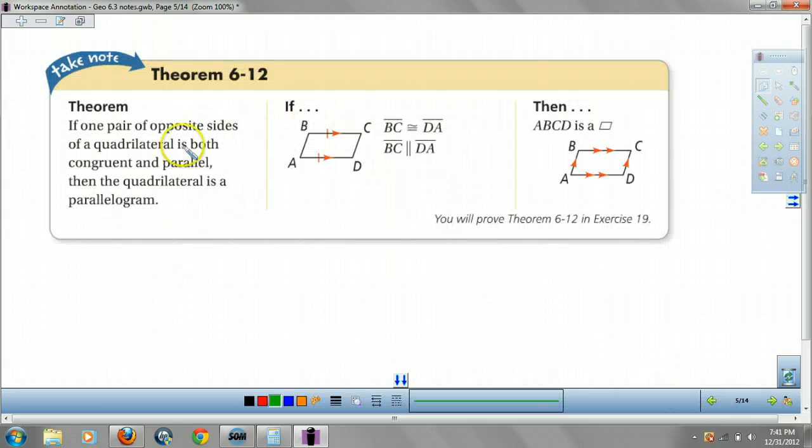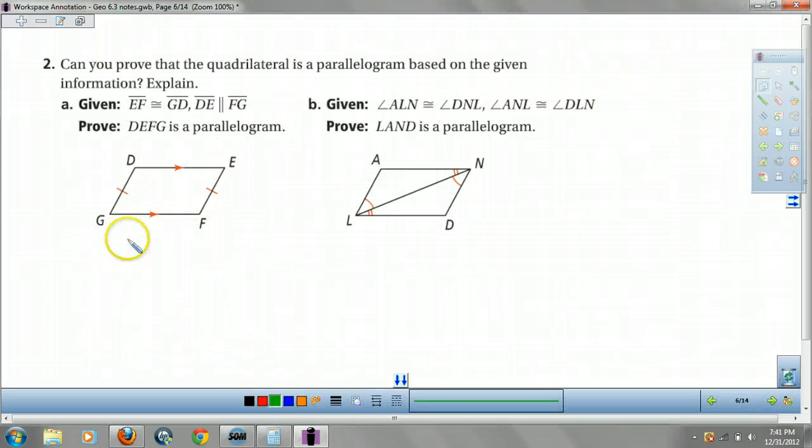Looks a lot like this theorem, but remember, parallel lines have to be the ones that are congruent to each other. So, no. The parallel lines must be congruent.